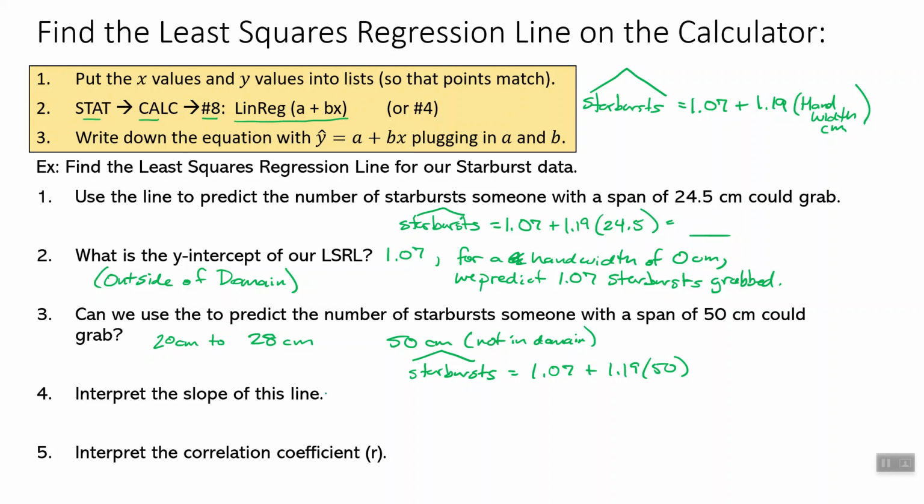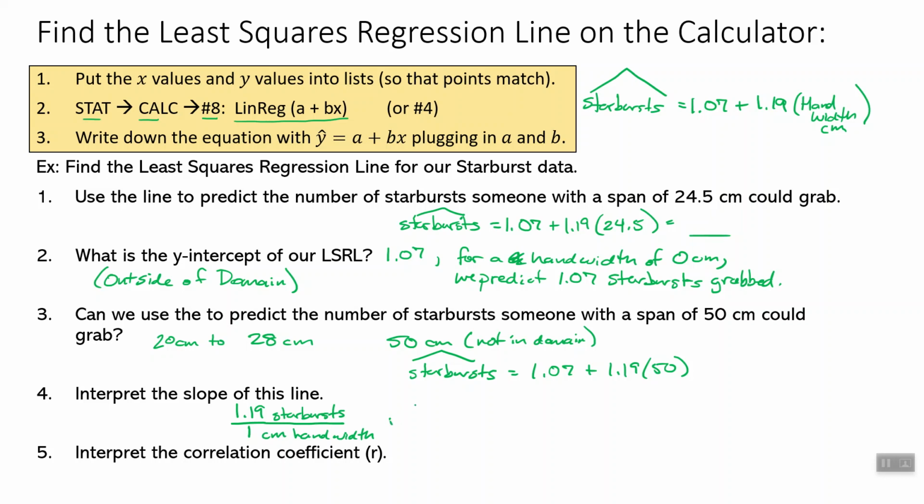All right, interpret the slope of this line. Interpreting the slope, we just went over that. So we say our slope is 1.19, so 1.19 over 1. The top units, the y units, are starbursts. The bottom units are centimeters in hand width.